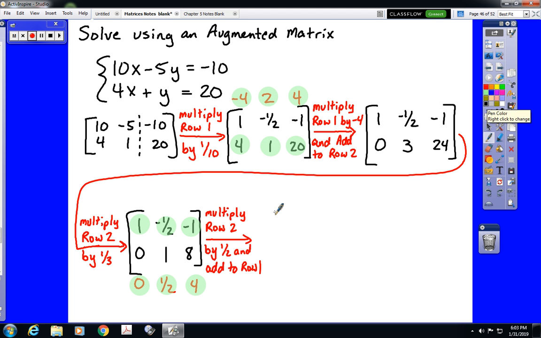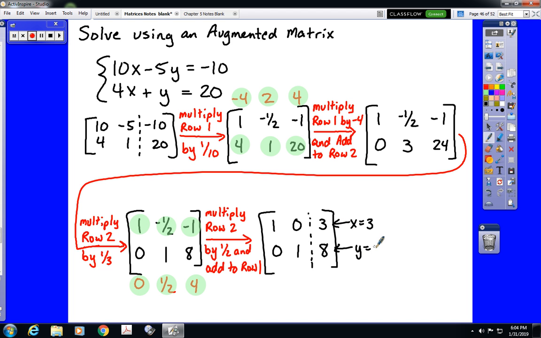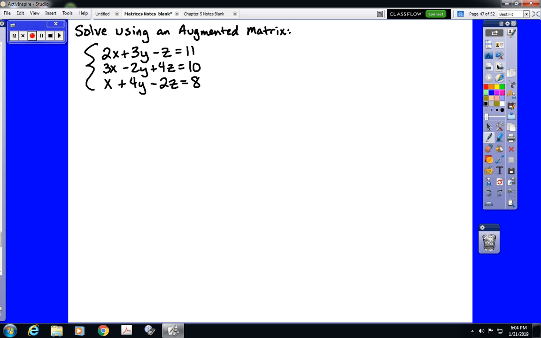So our final augmented matrix step would be 1, 0, 3, and the second row is unchanged. Meaning x is 3, y is 8, and our answer is 3, 8. Okay, that does it for 2 by 2. See the next video for an example of a 3 by 3.